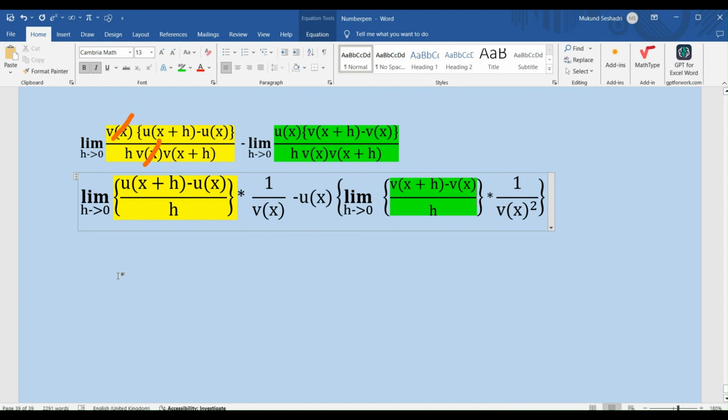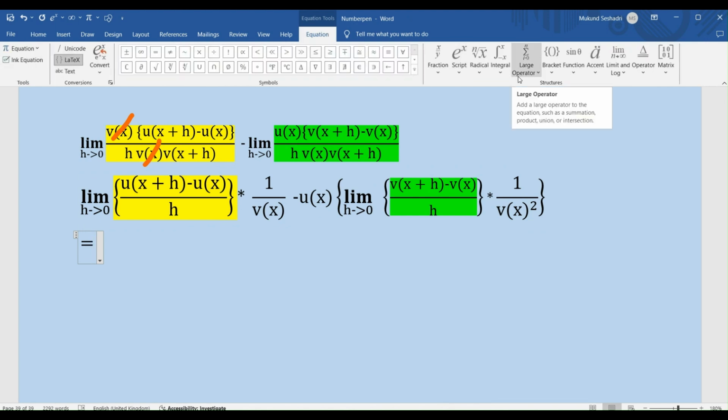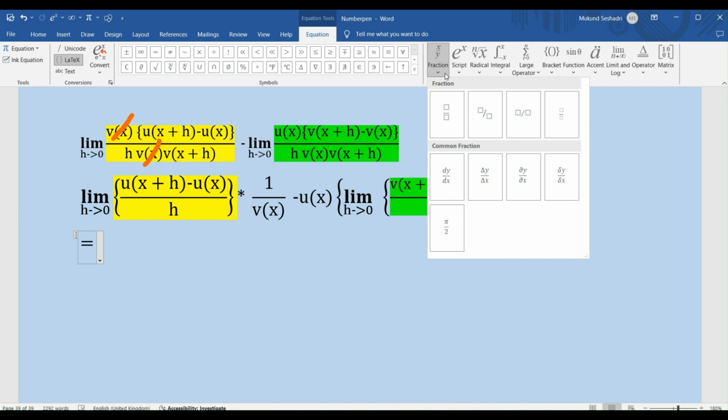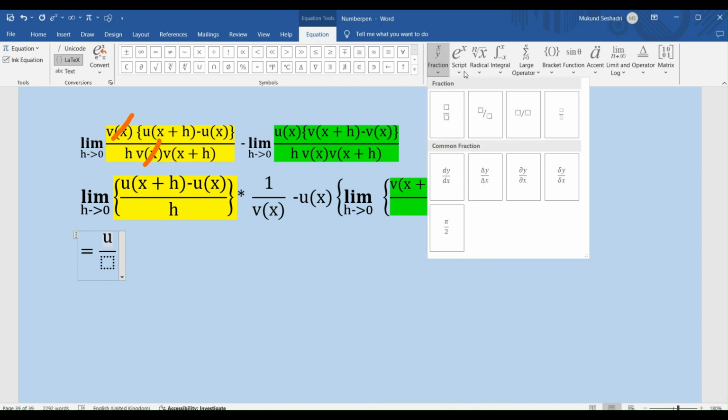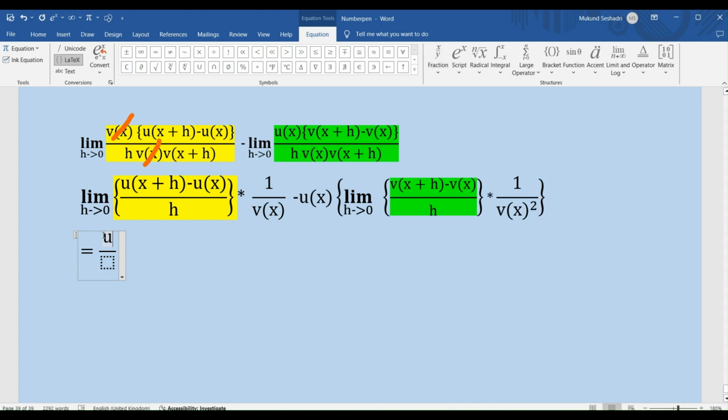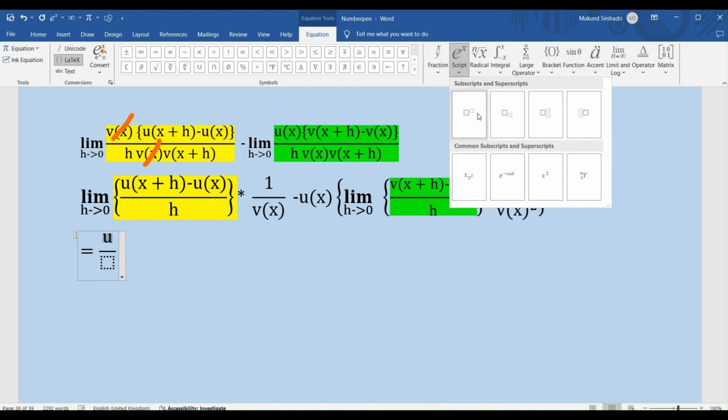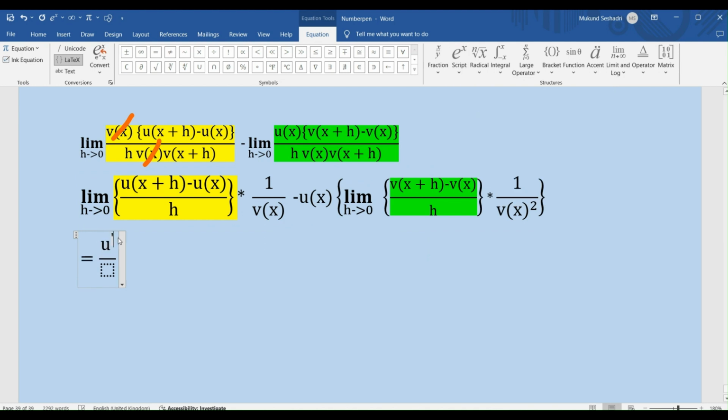So when I rearrange this equation, I'm going to move to the next line. My limit h tending to 0, u of x plus h minus u of x divided by h is nothing but my u dashed of x. So u dashed of x, let's start calling it u dashed from here on because we have done most of the simplification that we need to. And my v of x is v.